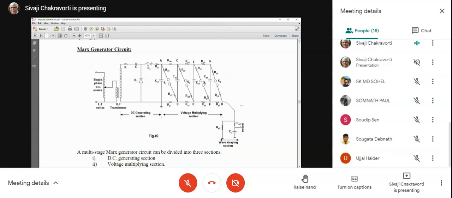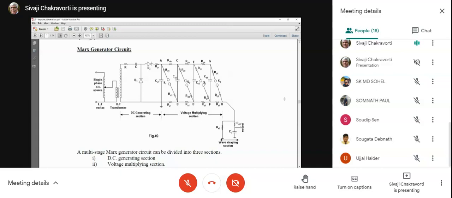We will set them accordingly so that D1 is slightly less than D2, D2 is slightly less than D3, D3 is slightly less than D4, which means D1 will be the lowest value of the gap distance and D4 will be the highest value of the gap distance.